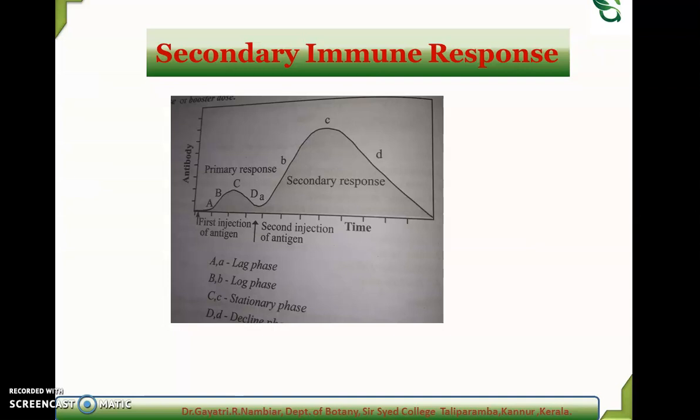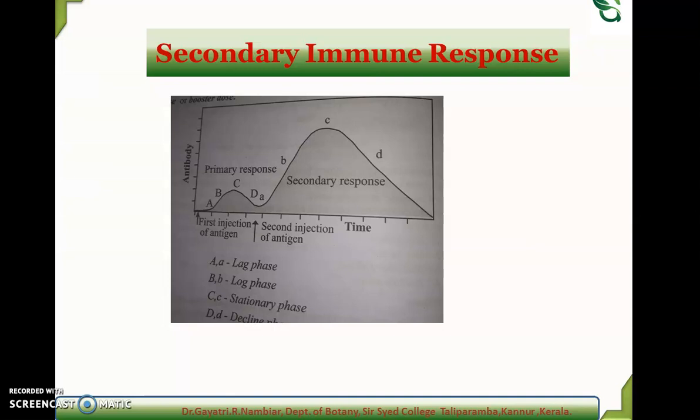The primary and secondary response vary depending upon the antigen as well as the health of the organism, etc. For example, the primary response and the secondary immune response for poliovirus is quite different from that in the case of hepatitis.